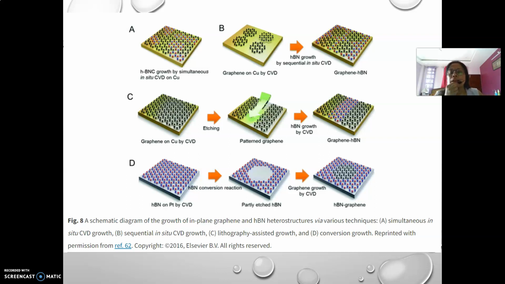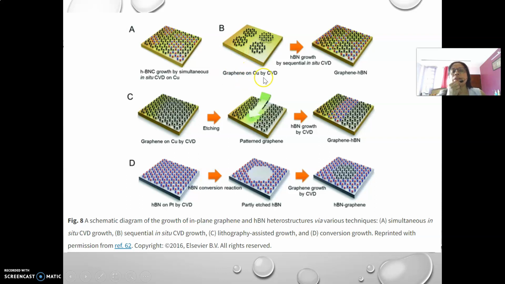So these are different examples; there are so many research papers. This one is from Elsevier, a research paper on boron nitrogen carbide, simultaneous in situ CVD on a copper plate. So above a copper surface, there is a deposition of boron nitrogen carbide.